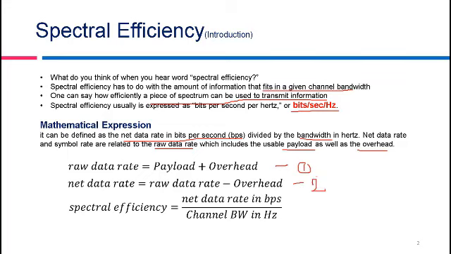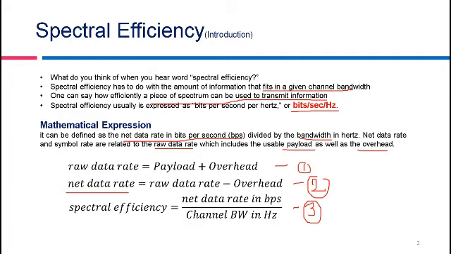These three equations are listed here. So the very first equation is related to the raw data rate, which is payload plus overhead. If we want to get the net data rate, we can simply deduct the overhead from the raw data.